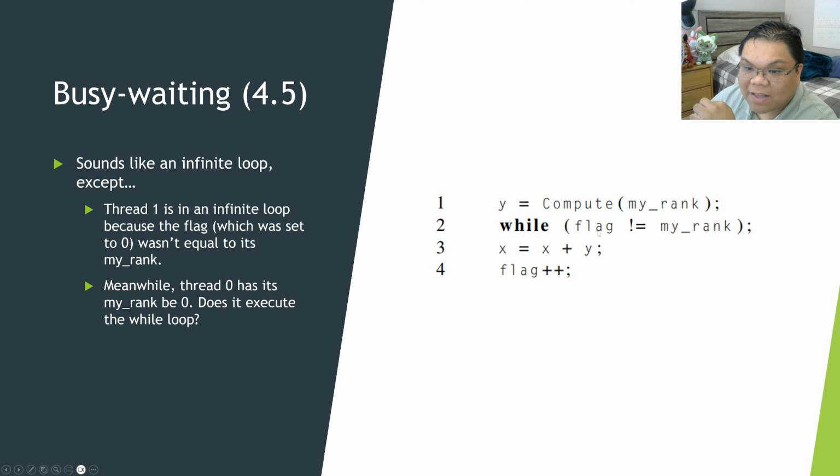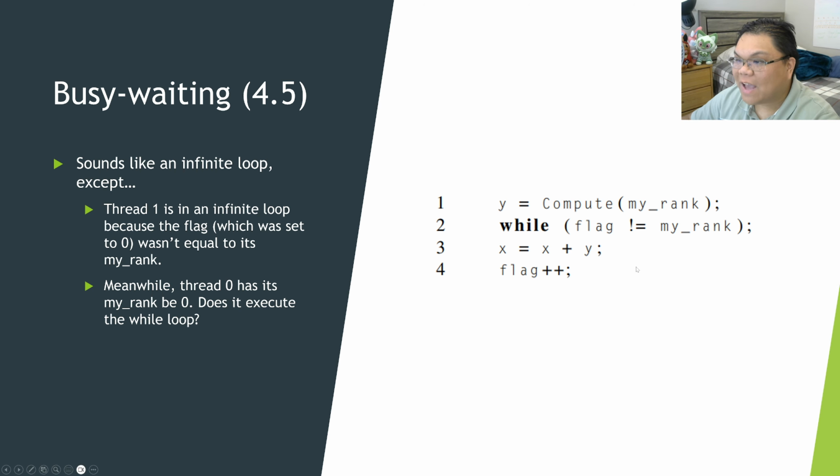So with the flag 0 and the thread's rank being 1, 0 does not equal 1. This expression evaluates to true. So thread 1 does this check again because it has no choice but to do so.